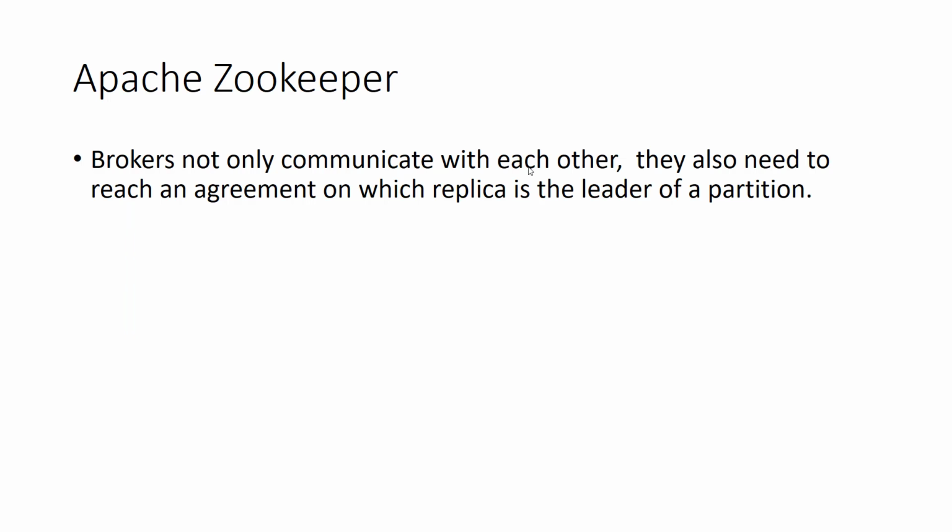In our Kafka cluster, brokers not only need to communicate with each other, they also need to reach an agreement on which replica is the leader of which partition, which is one of the tasks done through Apache ZooKeeper, which is there to coordinate the cluster's brokers with each other.